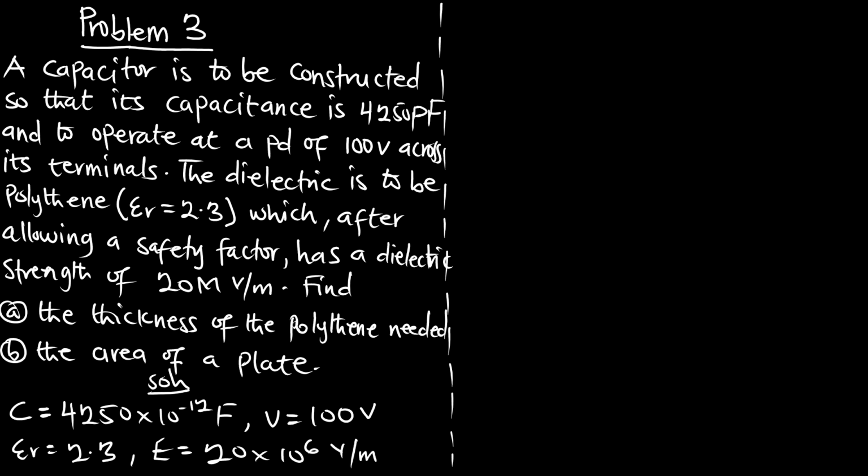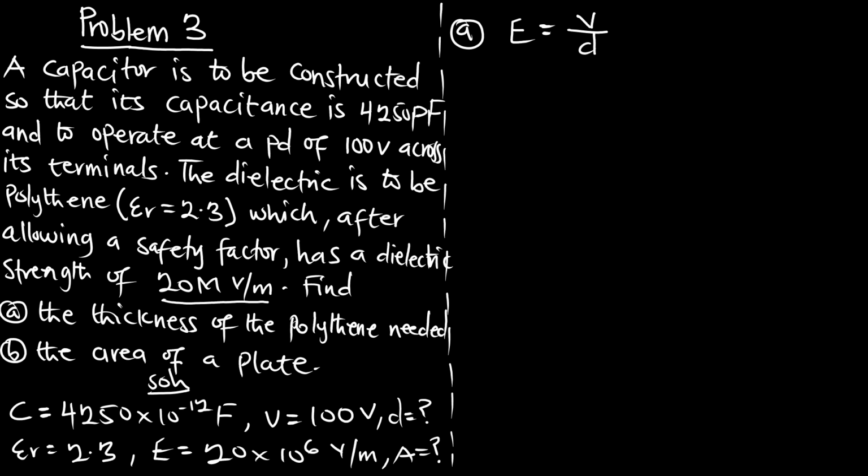Are we okay? Now, we are to calculate the thickness of the polyethylene, which is D, the thickness of the dielectric material. We don't know it. And we are also to calculate the area of the plates. We also don't know it. But this is very simple. For the A part, since we have the dielectric intensity E, checking from the unit, it is volts per meter, meaning our formula for the intensity is going to be a certain voltage over a certain distance D. Are we okay?